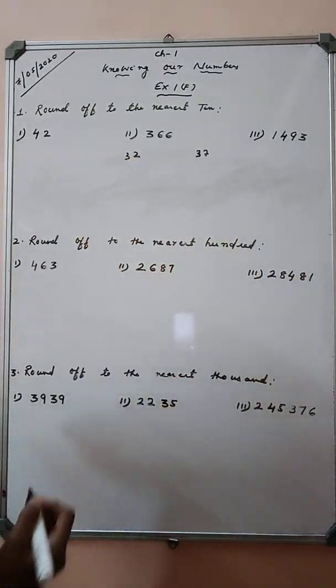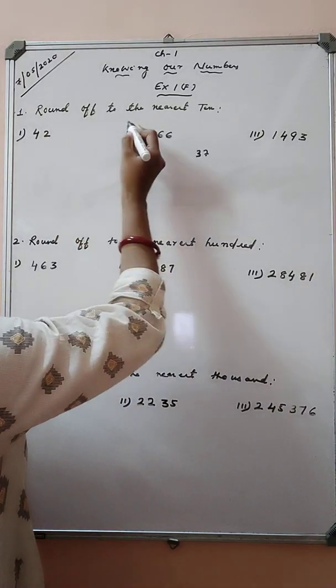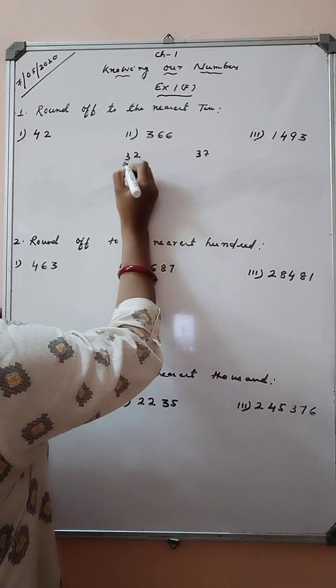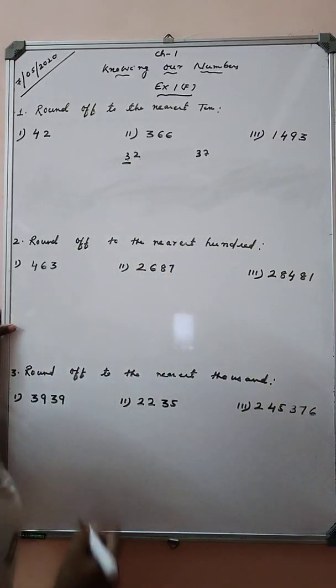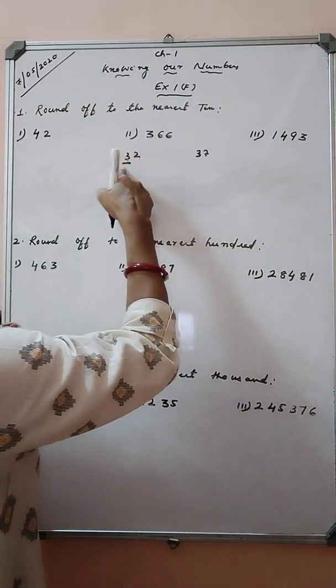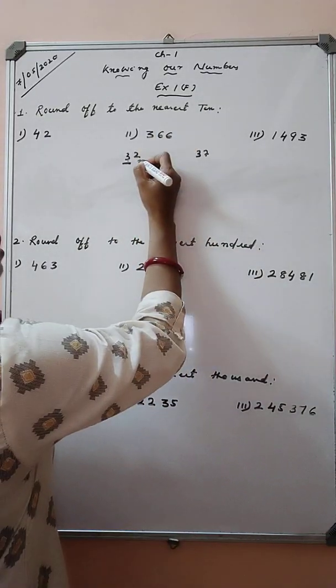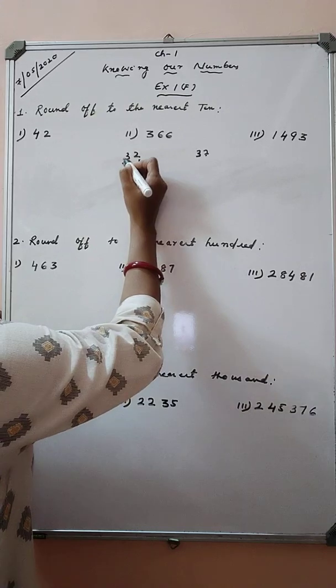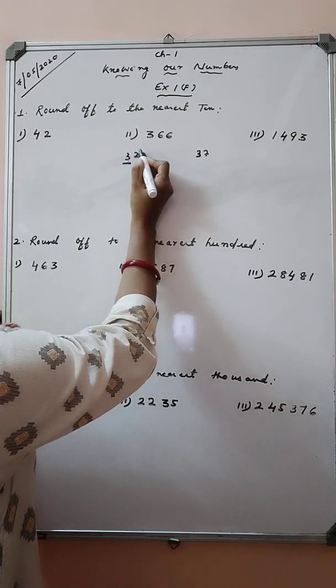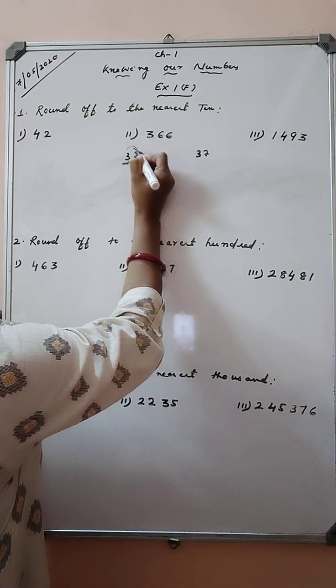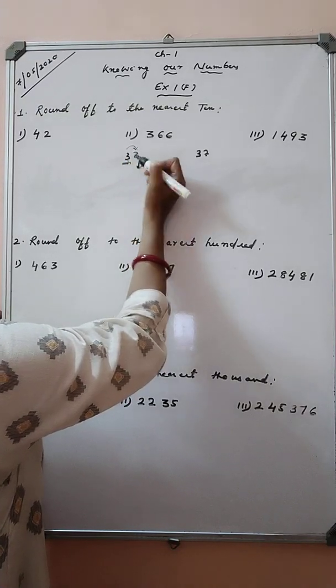Suppose this 32. Our question is saying round off to the nearest 10. This is ones and this is tens. So the tens place is our rounding place according to the question. So what is the process, students? We have to see the previous digit of the rounding place, that is the digit at ones place.